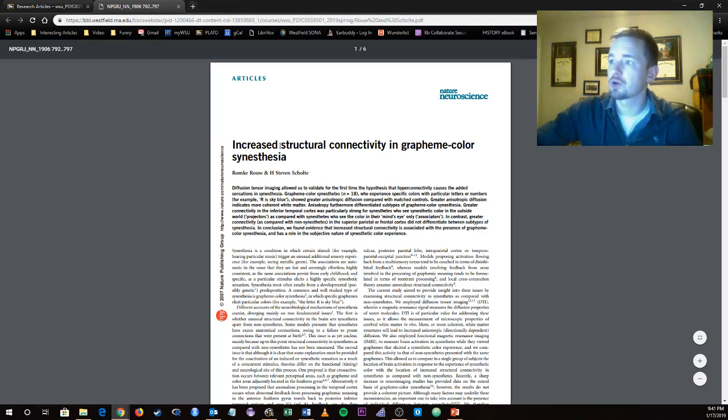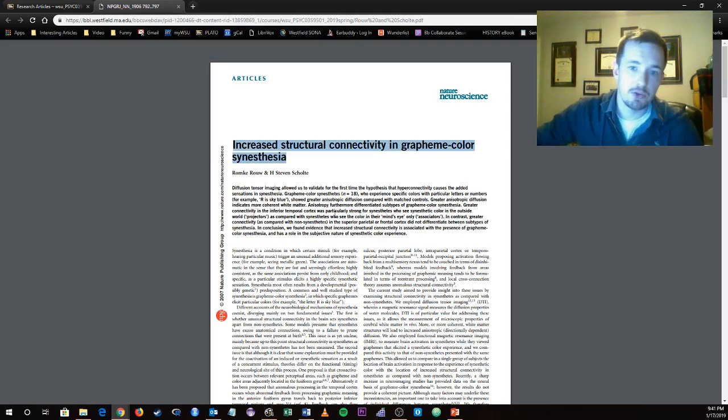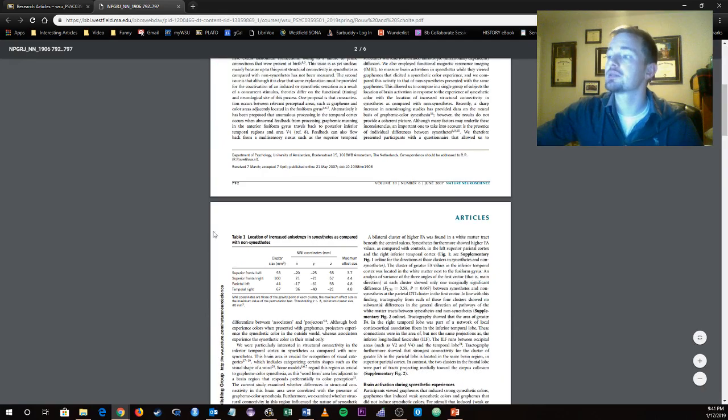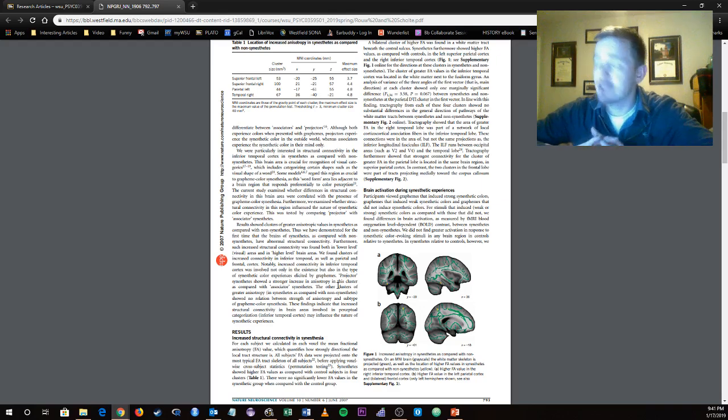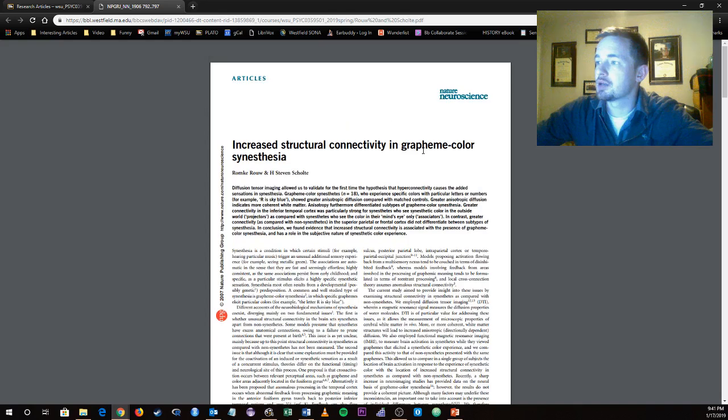This particular article is about increased structural connectivity and grapheme color synesthesia. Oh no, you only know 3 of those words, right? I know these things are really dense and they can be really complicated. But I think they're really cool for seeing exactly how we know what we know about how the brain works. There are only 4 of them this semester.